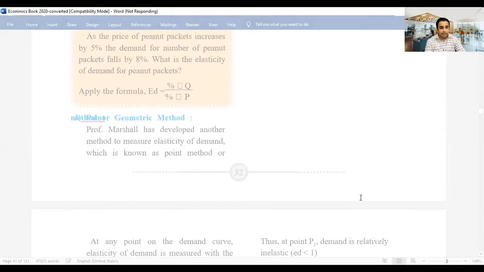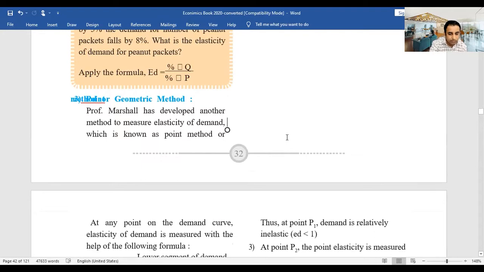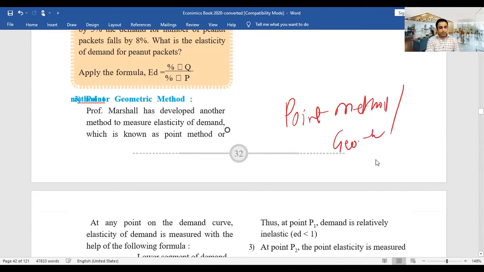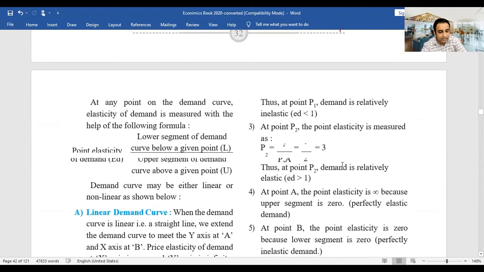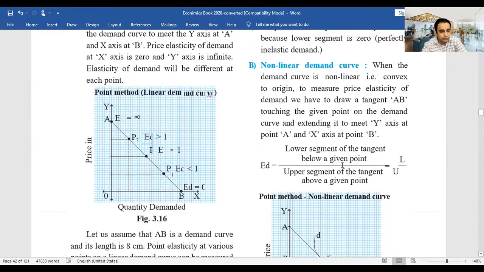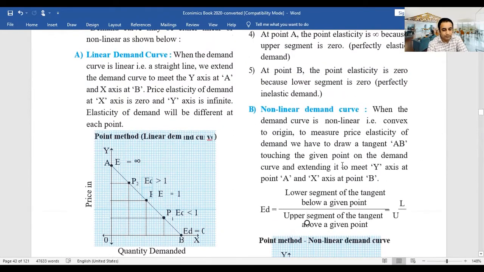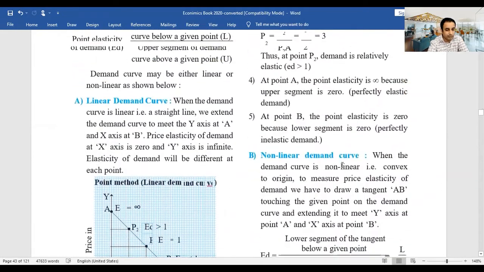Next method is known as a geometric method or point method. So it is known as point method, or it is known as geometric method. Okay. So here the demand curve could be linear or a non-linear demand curve. Now in case of linear demand curve, we use the formula, and the formula is lower segment of the demand curve upon upper segment of the demand curve.